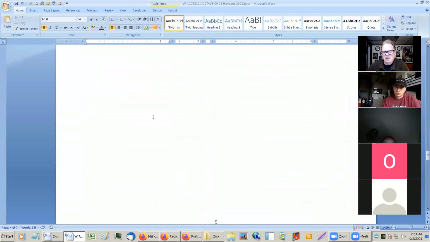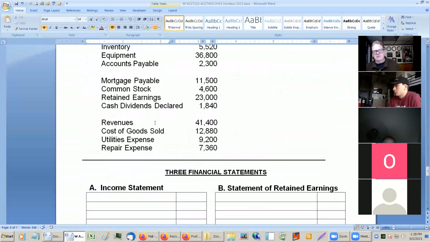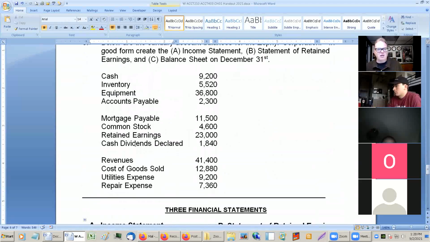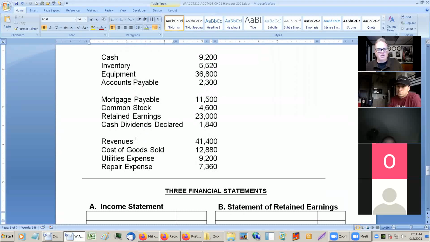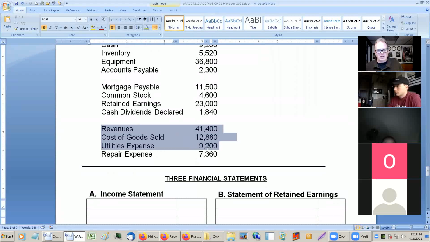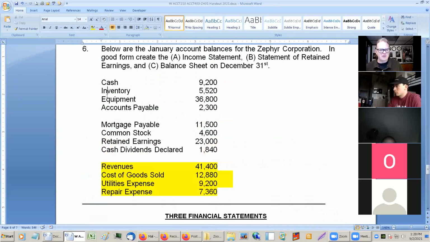Okay. All right. So let's go down to the basic financial statements down here, and we'll go ahead and do this one kind of together. Okay, so this is all the income statement stuff, it looks like. Anything else here?